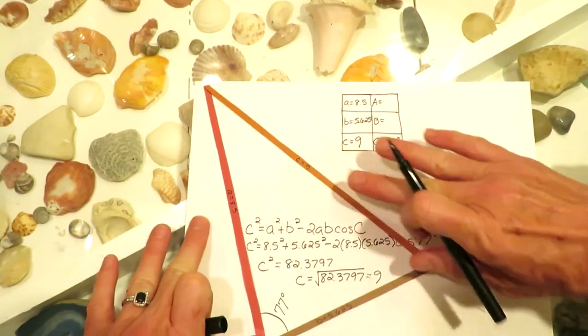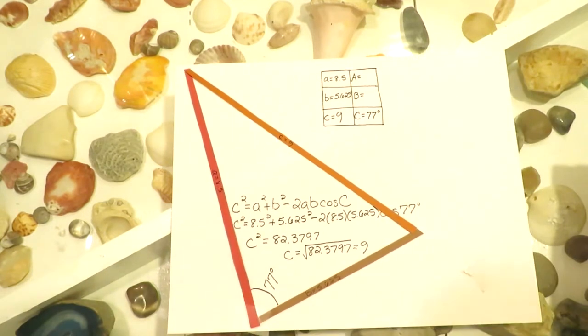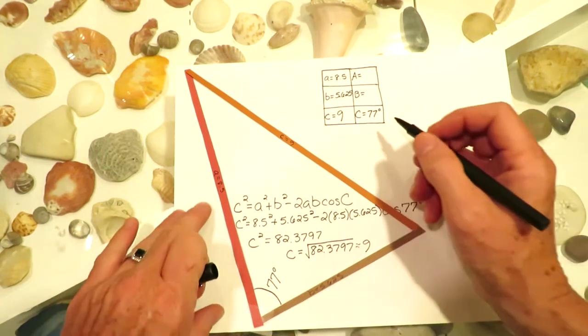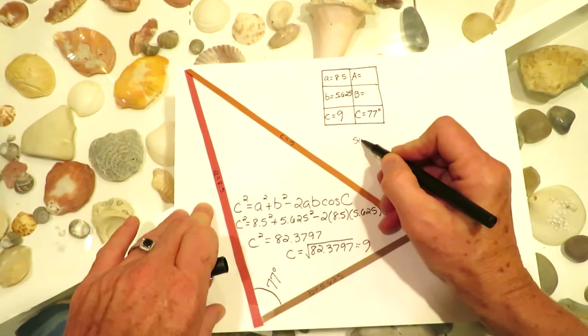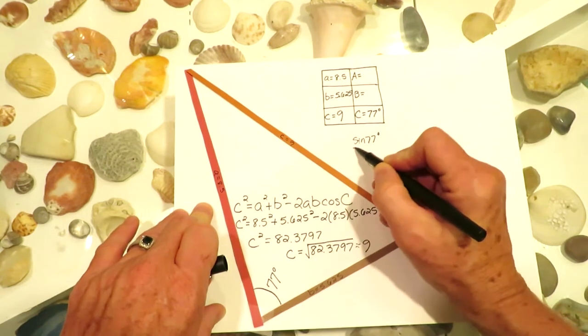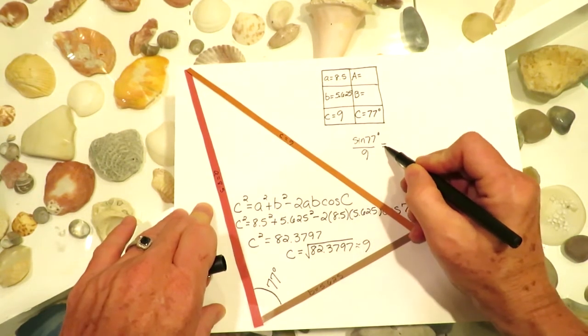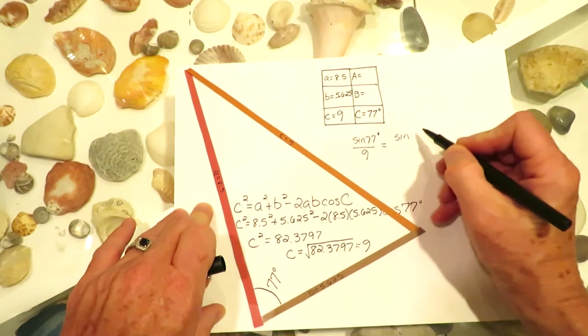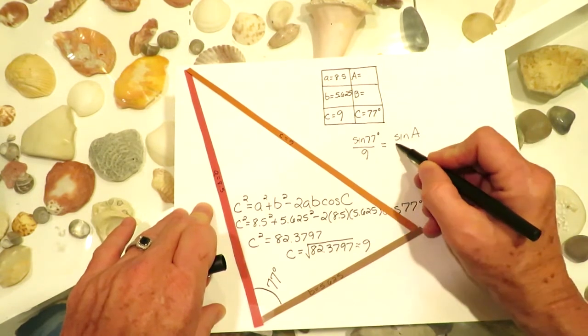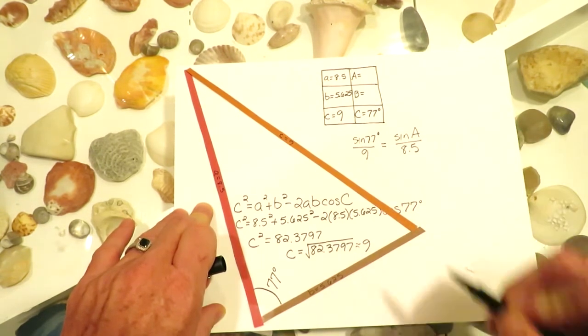Then I can find angles A and B by using law of sines, or I could use law of cosines. Using law of sines, I now know that sine of 77 degrees divided by 9 would equal sine of angle A over 8.5.